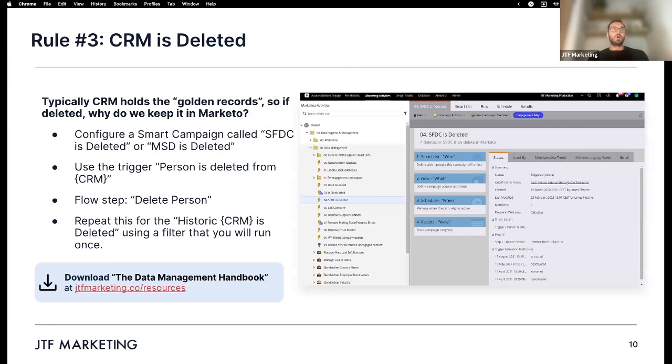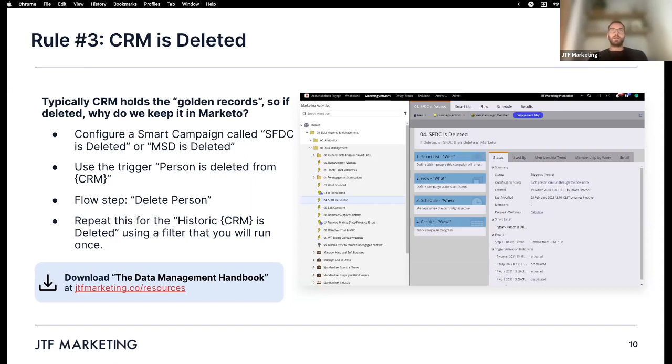CRM is deleted. So I think I mentioned this earlier, you can have people that exist in one place. Maybe you have people that exist in your CRM that we don't necessarily filter through into Marketo. So what we're saying here is typically that CRM is the golden record, the source of truth, I call it.